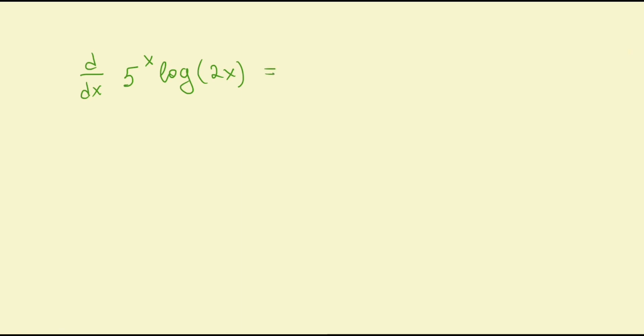Next problem would be to derive 5 to the x times log of 2x. Now when we don't have a base for the log, we know that the base would be, in that case, 10.